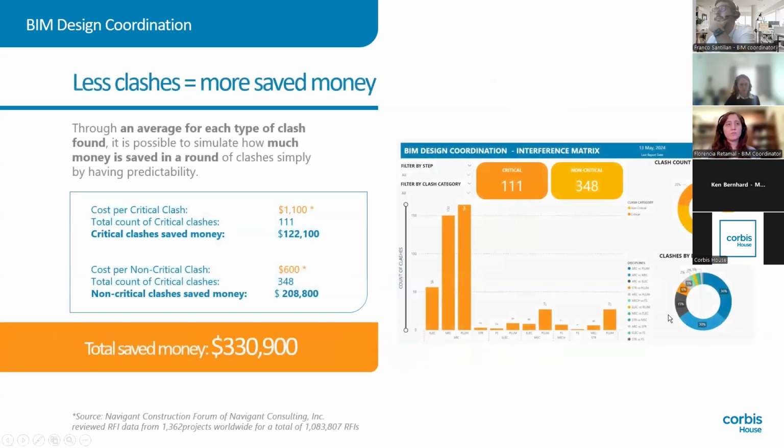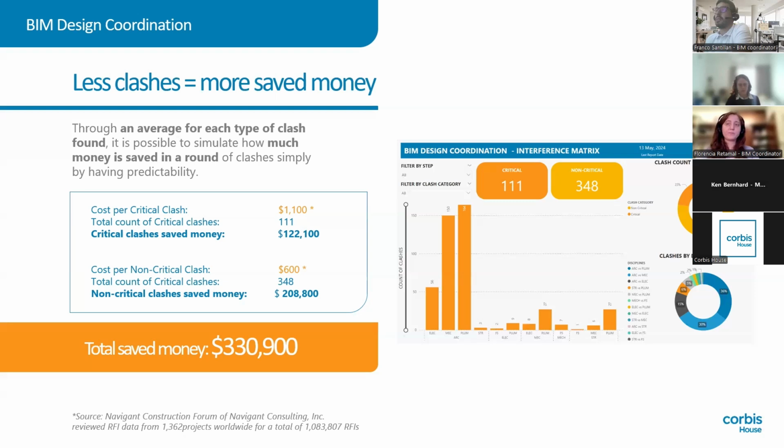We are also looking for coordination, but the main goal of this service is to save money and time. So we can simulate an amount of money based on the different categories of clashes that we detected, applying a specific value based on some sources.